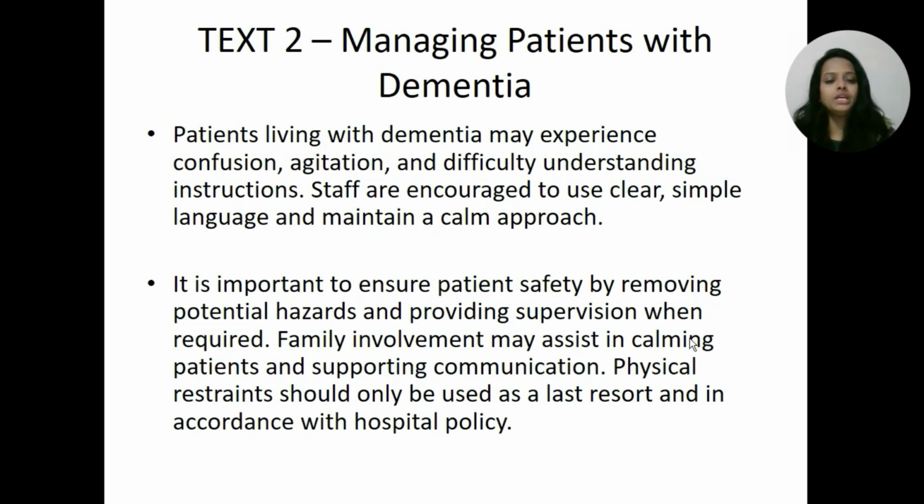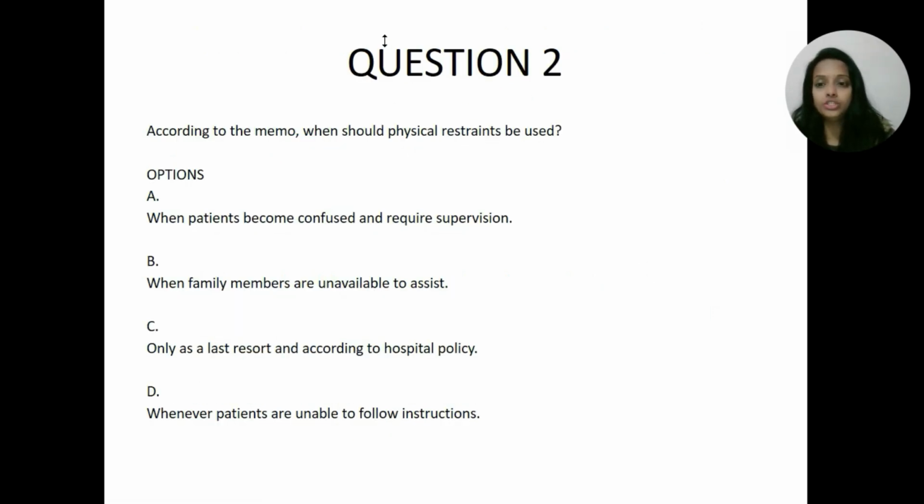Family involvement may assist in calming patients and supporting communication. Physical restraints should only be used as a last resort and in accordance with hospital policy. Again, if you want, you can just pause the video, read it, and understand the context. Okay, let me move on to the question here.